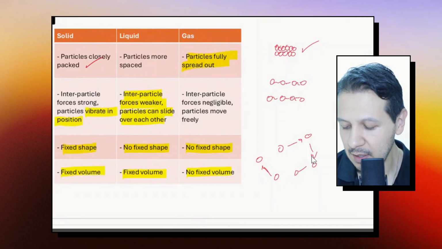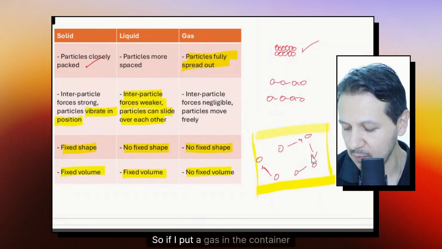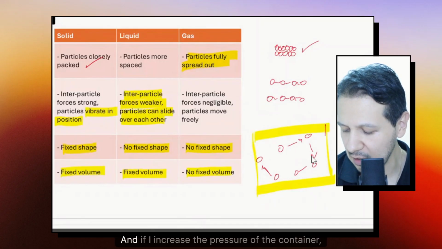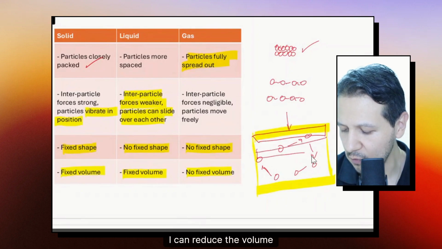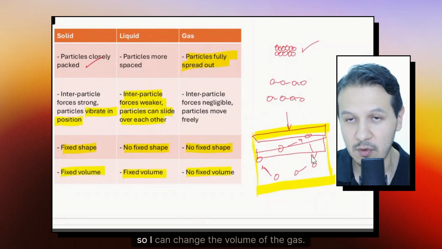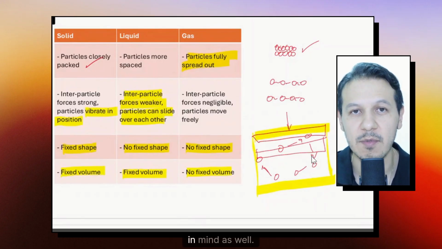Okay, why? Because a gas could be compressed. So if I put a gas in the container and I increase the pressure of the container, I can reduce the volume. And if I reduce the volume, so I can change the volume of the gas. Okay, so those are some features that you need to keep in mind as well.